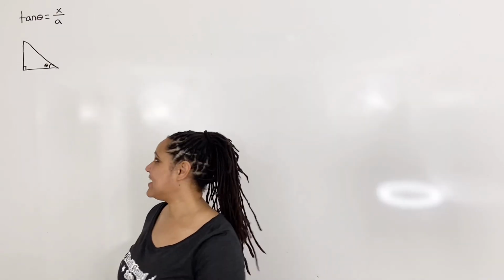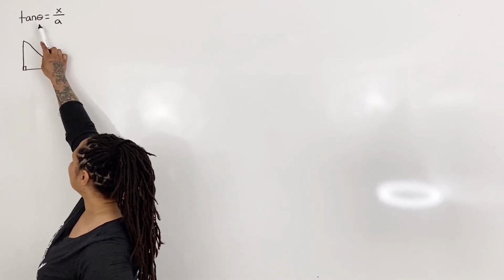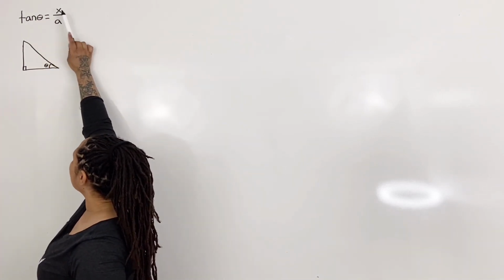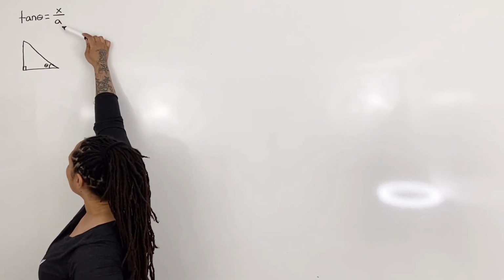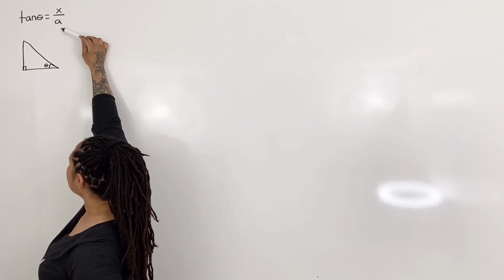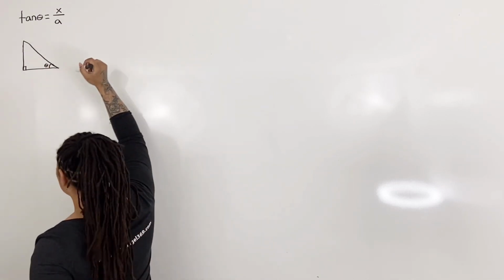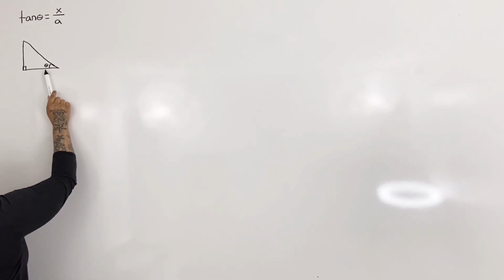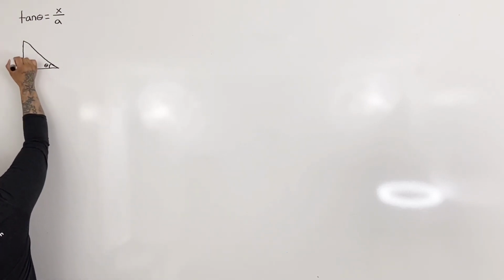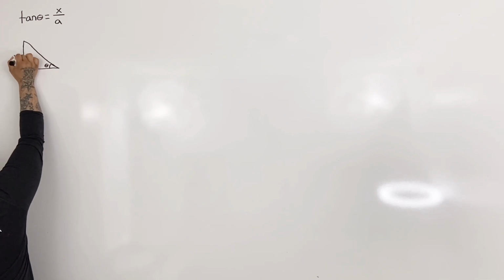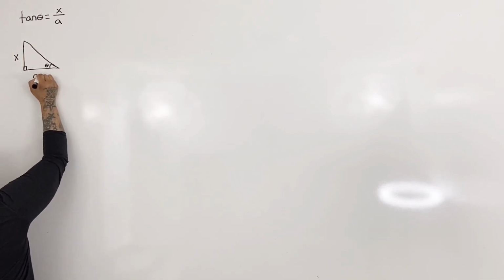We know that tangent of an angle is equal to the side opposite of the given angle over the adjacent side of the angle. So setting up my triangle, here is my angle theta, and opposite of that angle theta is x, and adjacent to the angle theta is a.